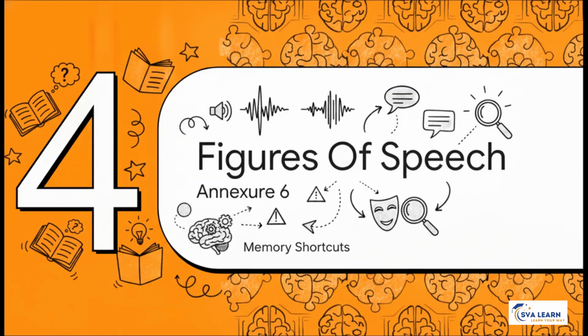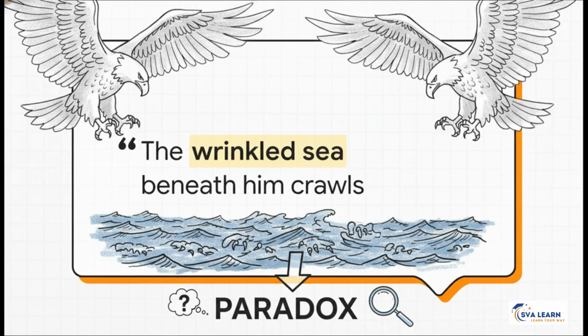Rolling into section 4, mastering figures of speech. This one brilliantly illustrates a huge board favorite. This exact poetic line from The Eagle gets tested all the time. Think about it: when you see totally contradictory ideas shoved together, like a massive, powerful sea that's somehow reduced to this old, wrinkled thing that crawls, you are looking at a paradox. And evaluators, we want to see that exact word written down.